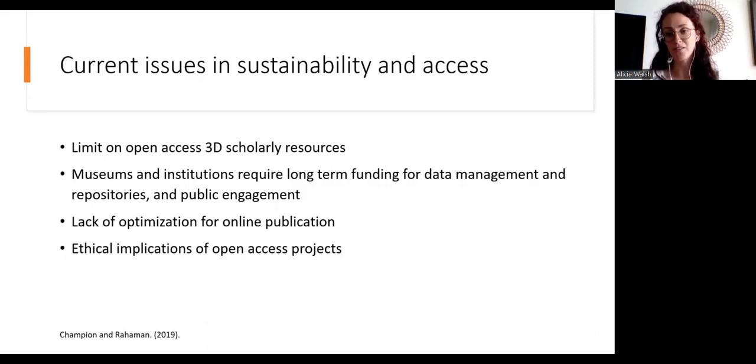So high-resolution models can often not be viewed or downloaded without access to a high-quality computer. And many 3D authors don't optimize their models for web or mobile viewing. So when models are in fact optimized, the original data is not also made accessible and therefore doesn't follow the FAIR principles.